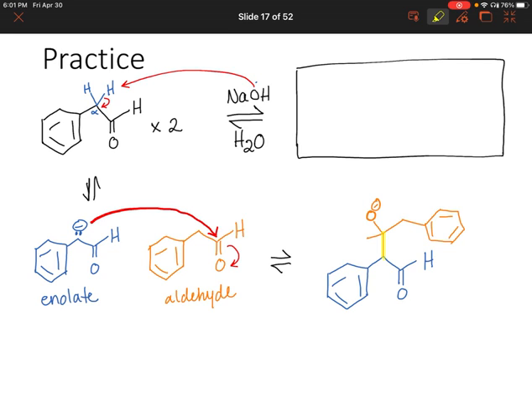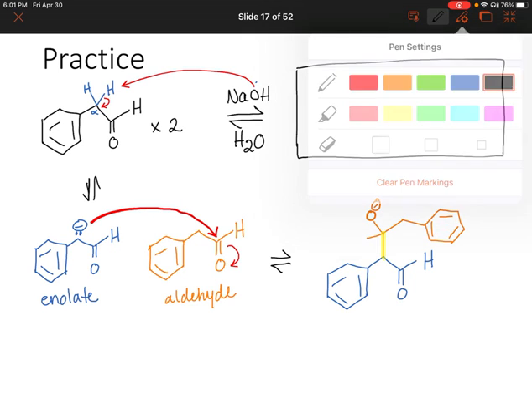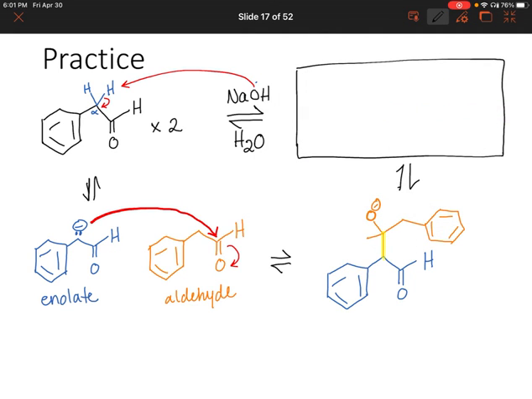And then I tried to use the different colors to show where all these pieces are coming from. So our enolate is now giving us the aldehyde in our product. The aldehyde in orange is now going to give us our alcohol group. But first we have to protonate that negative oxygen. So we'll just use water to do that.